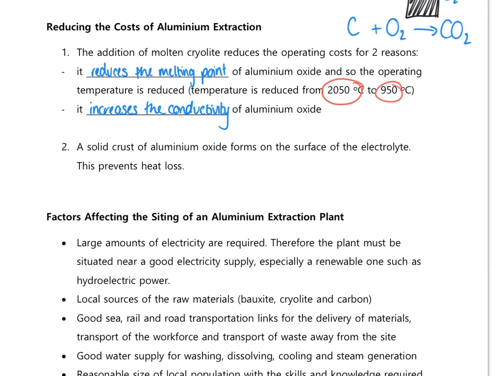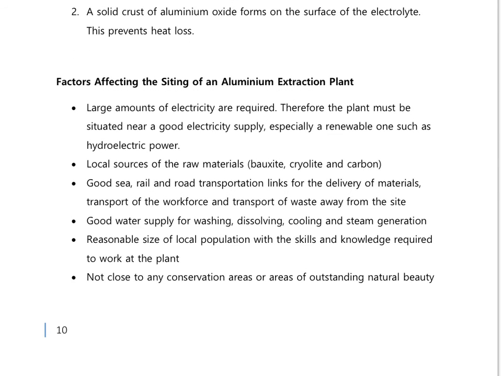That solid crust prevents the heat from being lost, and so we don't have to keep applying as much heat in order to get the aluminium oxide to melt and to stay melted. Obviously we have to heat it up to get it to melt in the first place, but we also have to keep it at a high temperature in order to keep it melted, to prevent it from turning back to a solid. But that solid crust of aluminium oxide prevents heat loss, and the heat stays in, and so I don't need to apply as much heat energy to keep my aluminium oxide a liquid.